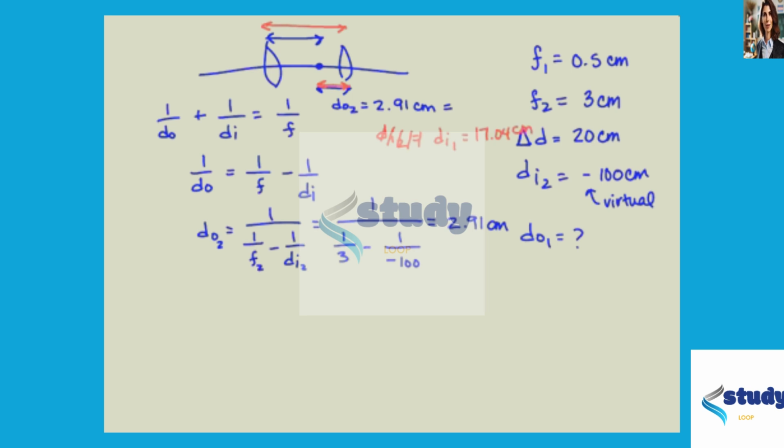Okay. Now that we know our image distance for the first lens, we can use that to figure out what our object distance is.